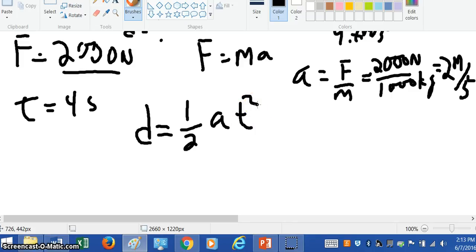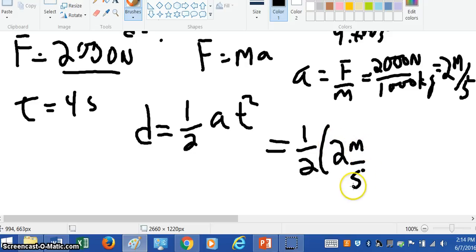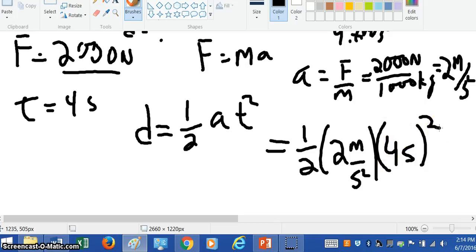So the distance is going to equal 1/2 times our acceleration of 2 meters per second squared, times 4 seconds, but we square that. Notice this second squared cancels this second squared nicely.